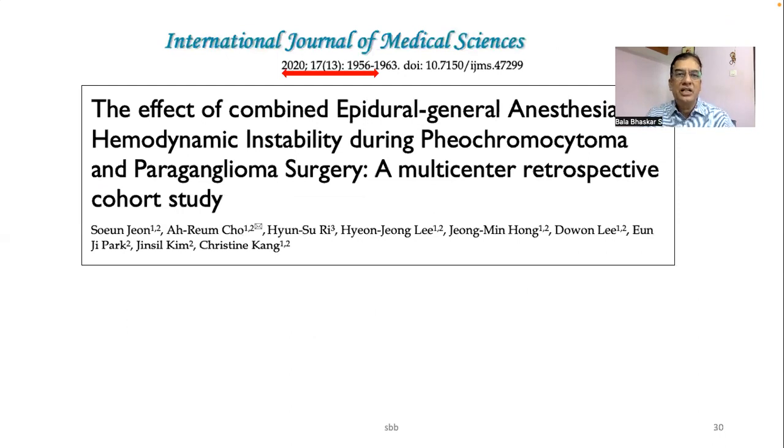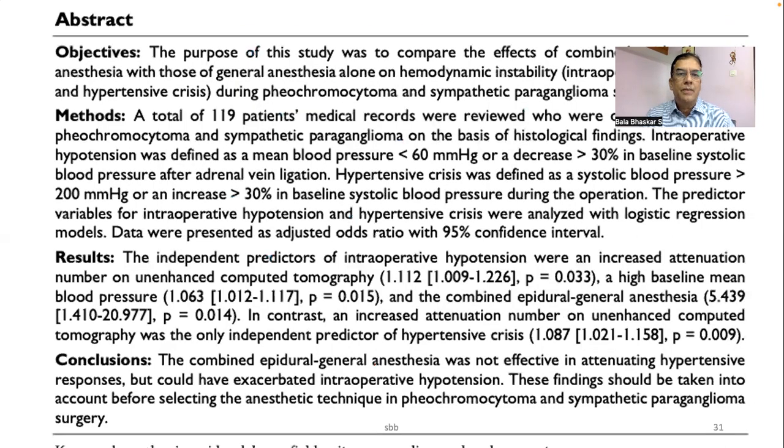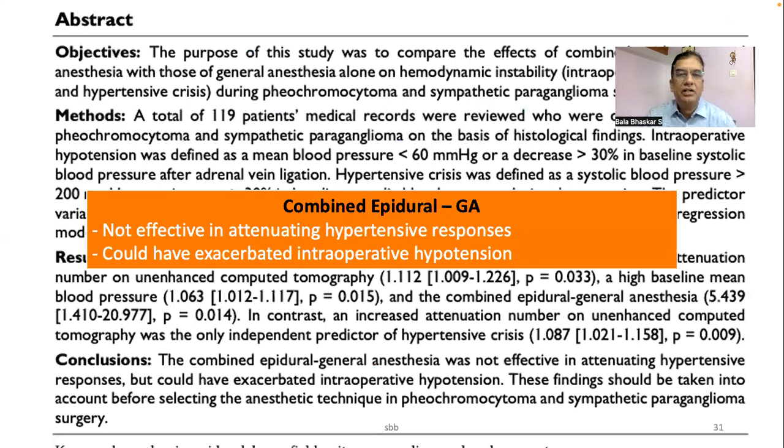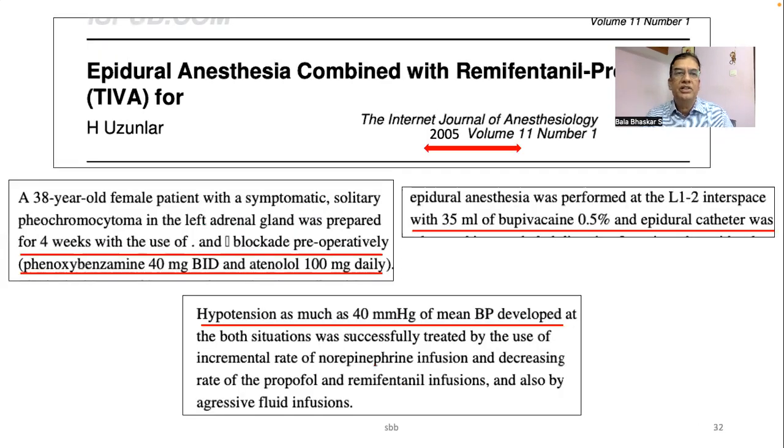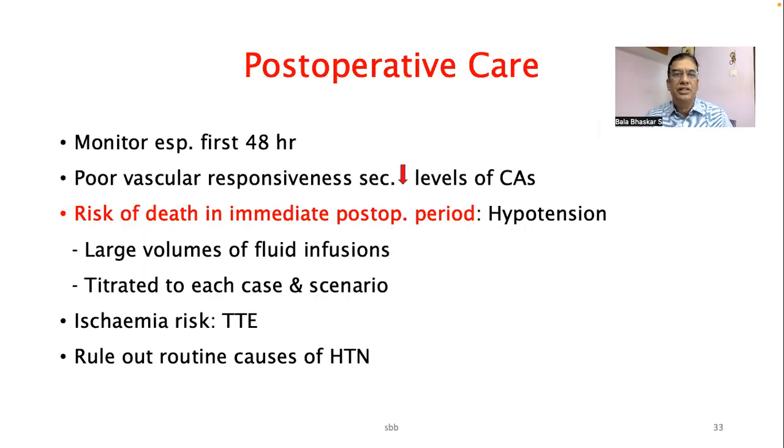And there was another study which talked about the same effect of combined epidural and GA. It was found that this was not effective in attenuating hypertensive responses, and in fact, it could be the factor causing exaggerated intraoperative hypotension. And there was a case report here of a 38-year-old male where they had used 35 ml of bupivacaine 0.5% epidurally. There were multiple episodes of hypotension in the patient, and of course, luckily, they could manage the patient.